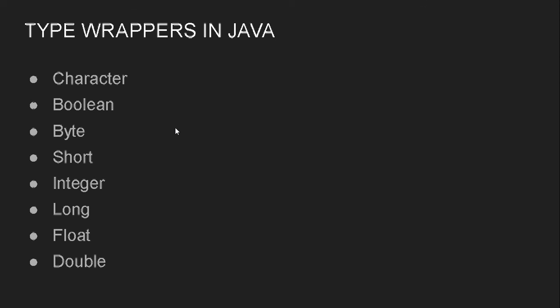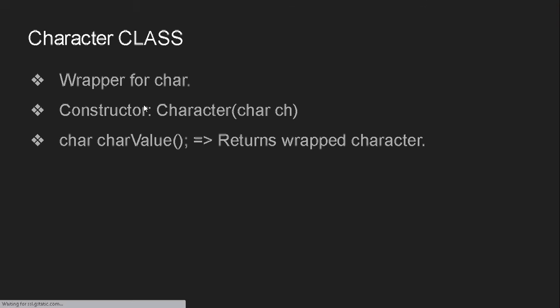So all the methods defined in Object are accessible in these classes also, obviously because of inheritance. Because of this, you can create an object of this class. You can create an object of Character using this constructor.